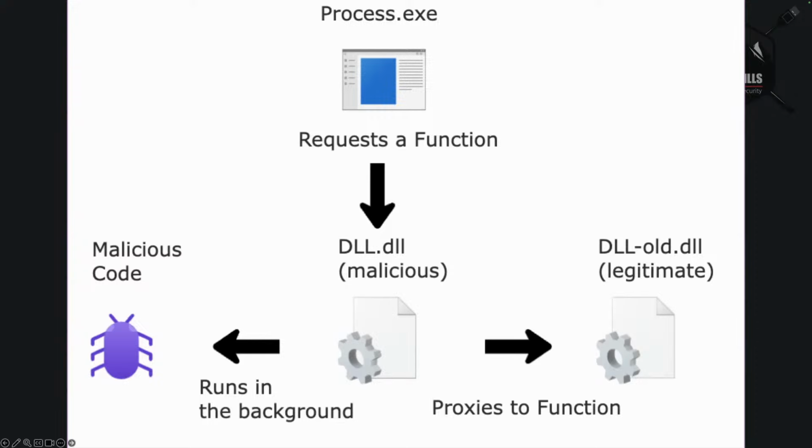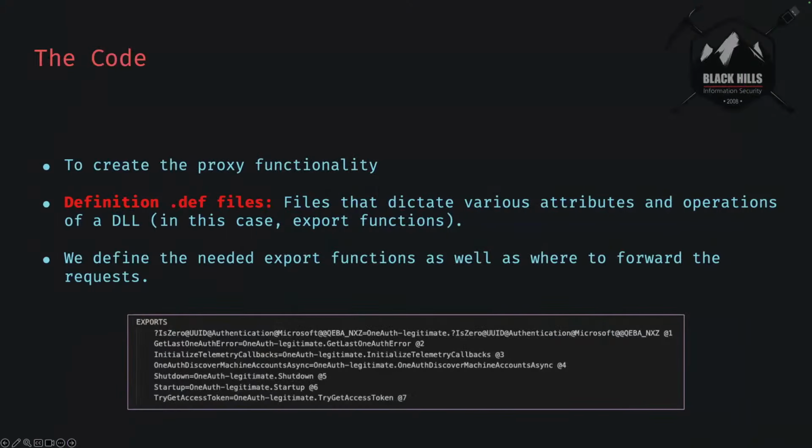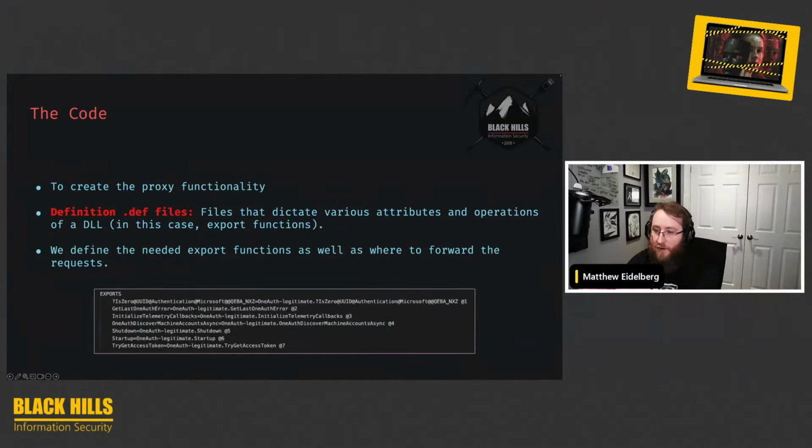You might be thinking, how is this possible? It's actually really, really easy. And it's something that is kind of native to all .dll files, which is definition files. These are just function files that can dictate attributes or operations of DLLs. So it can be something from, hey, when you compile this, I need this file to have these attributes in the file details.